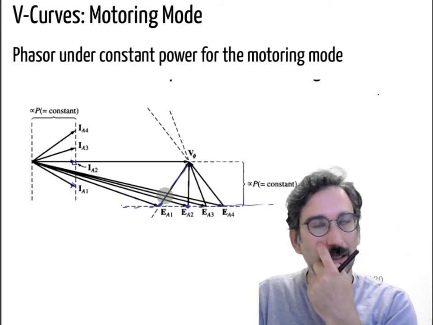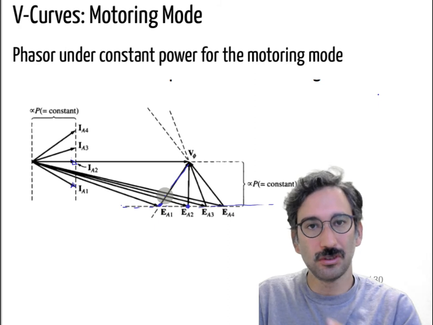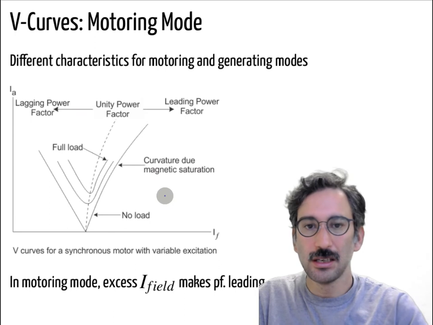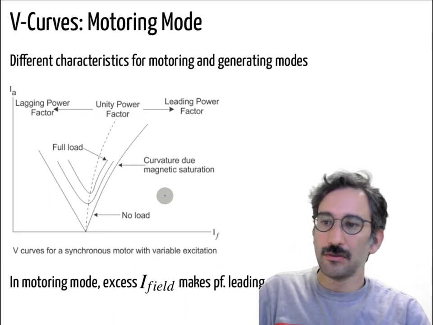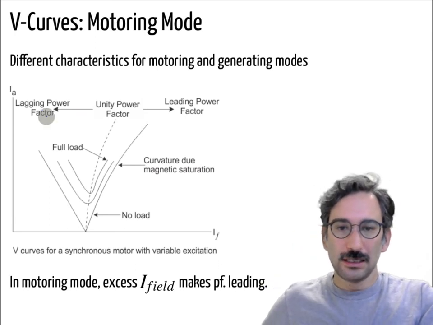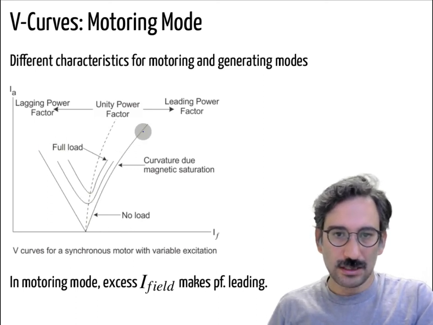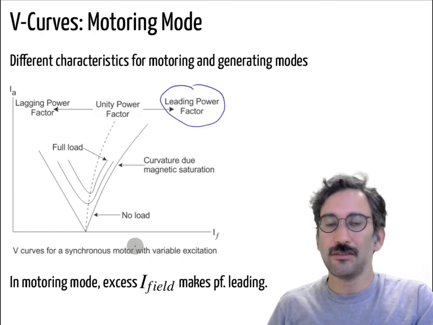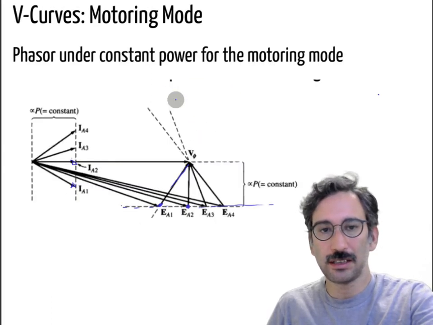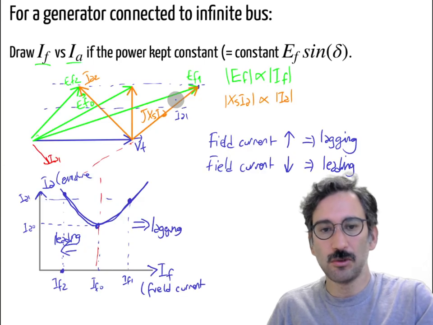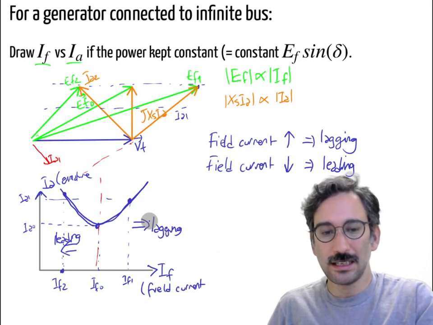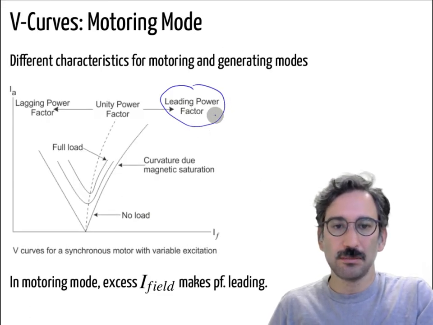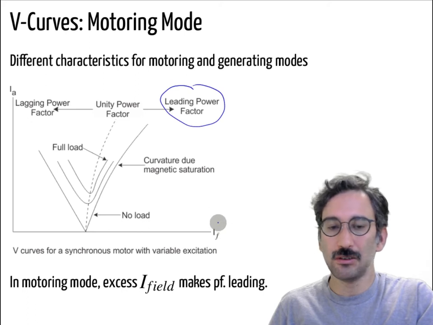Again, you can refer back to our previous video for the flow of reactive and real power diagrams. If you draw it for the motoring mode, it is exactly the same thing, but the difference is the larger field current gives you leading power factor. In the generating mode, larger field current gives us lagging power factor, but if it is working as a motor, then it is leading power factor, like working over excited.